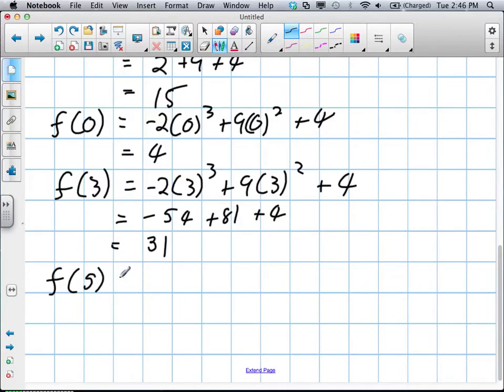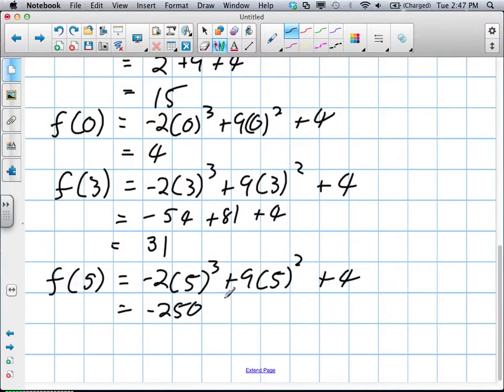And f of 5 gives us negative 2 times 5 cubed, plus 9 times 5 squared, plus 4. 5 cubed is 125, times negative 2 is negative 250. 25 times 9 is 225, plus 4. That gives us negative 25 plus 4, negative 21.